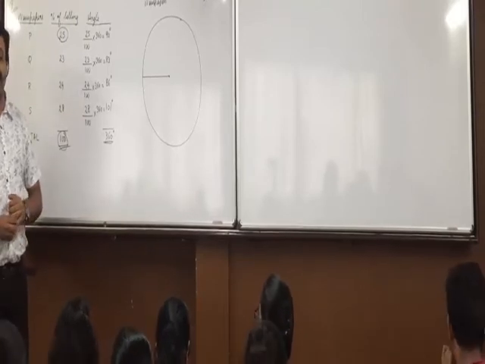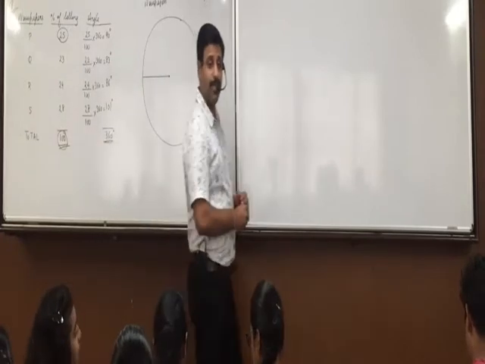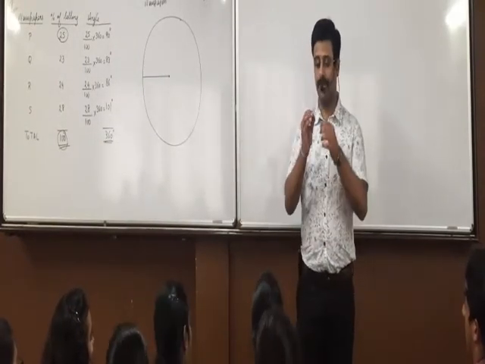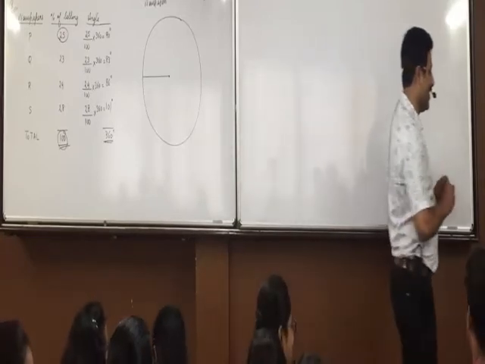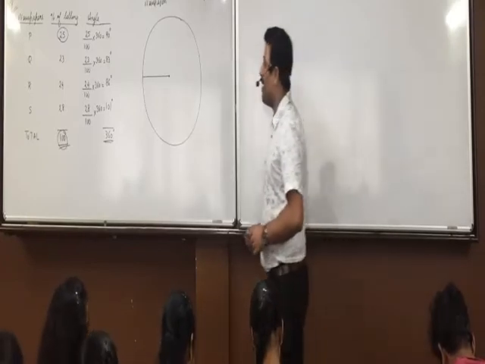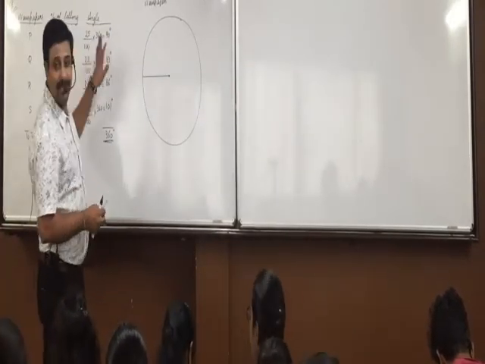Who all are still making the circles? Raise your hand. And write this radius line also. Take out the protractors, everyone. Now, how to mark the angles? Very first is 90 degrees.